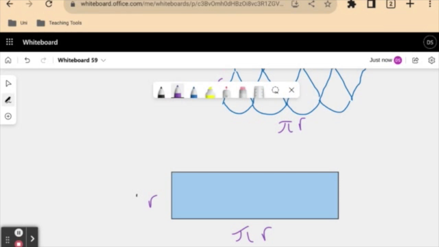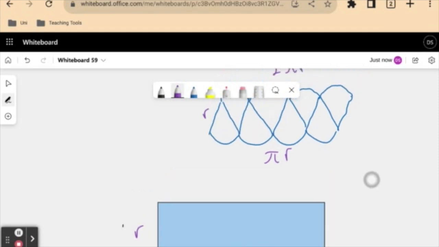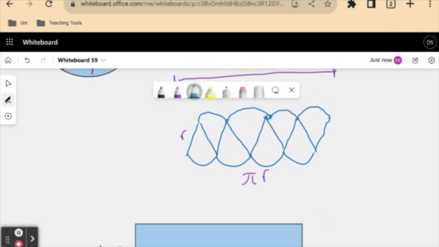Now, by talking about this idea of infinity, we have essentially straightened out these curves. We've gone from here to here.